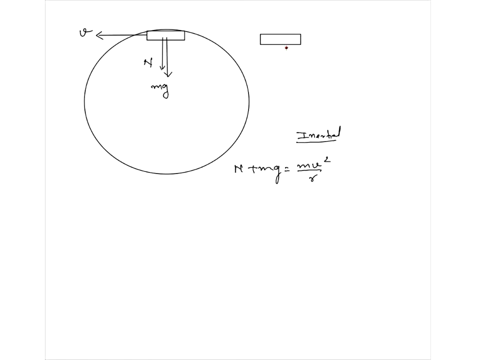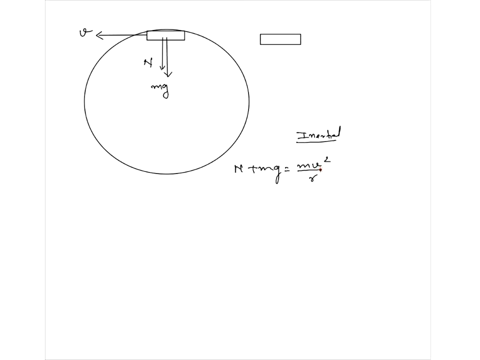In the worst case, that motorcycle is just losing contact and the normal reaction will become zero, but still that's the borderline case. Still we can say that mg is providing centripetal force. This is what happens to satellites. Satellites that go around the earth, who provides them centripetal force? mg provides them the centripetal force.